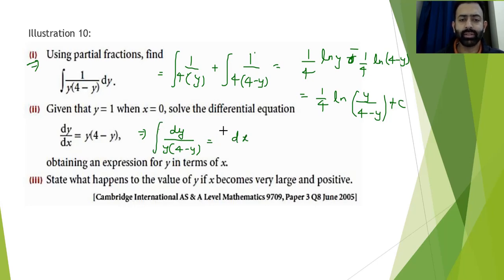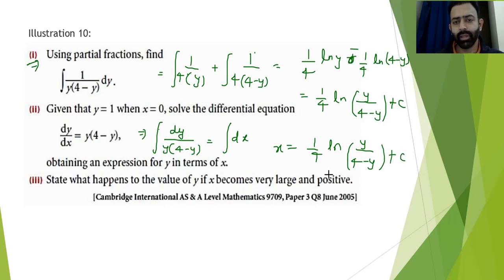If I integrate this, my solution will be the solution of the first part. This is the integral of dy over y into 4 minus y. So I will get my solution as x is equal to 1 by 4 ln of y over 4 minus y, plus c.